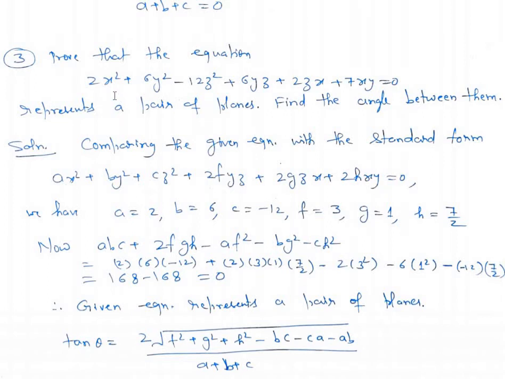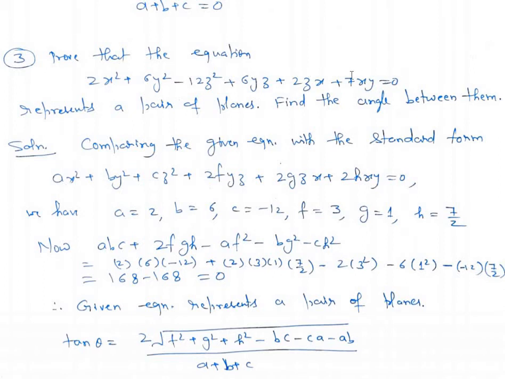Prove that the equation 2x² + 6y² − 12z² + 6yz + 2zx + 7xy = 0 represents a pair of planes, and then find the angle between them.